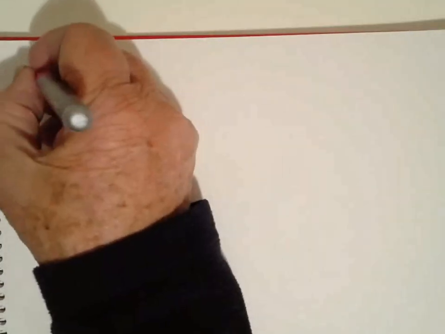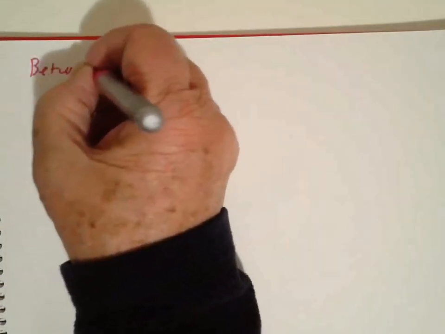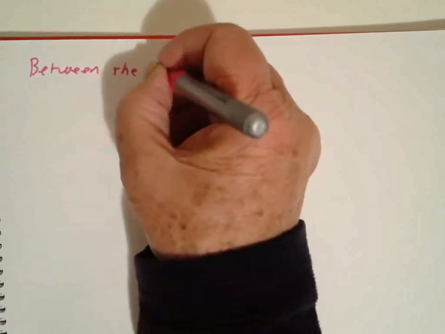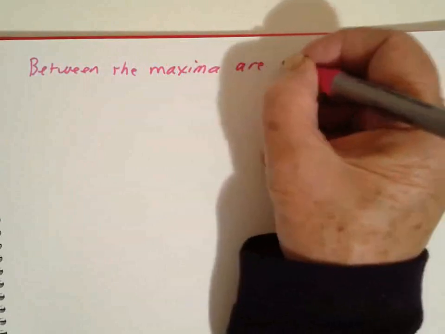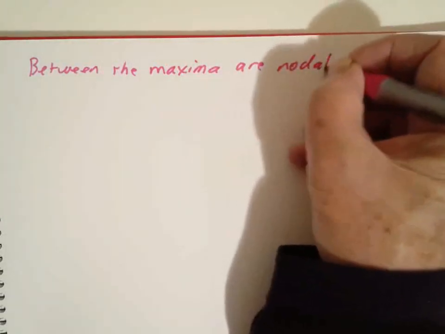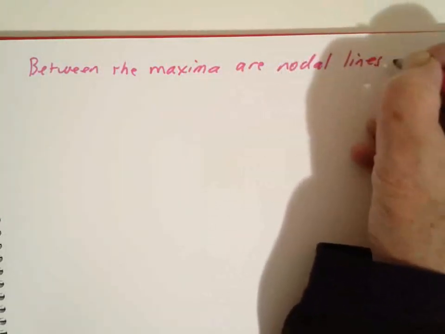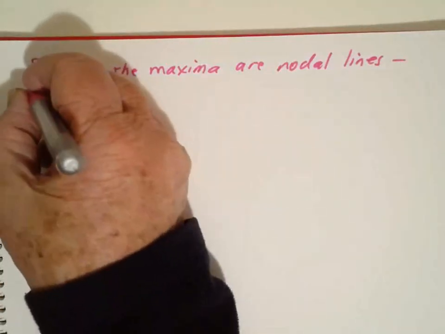Okay, so between the maxima are nodal lines. So points of cancellation.